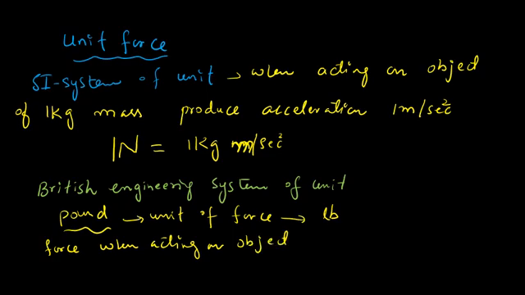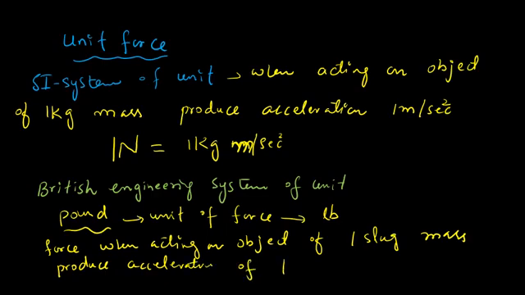of mass 1 slug. In the British engineering system, the unit of mass is the slug. When a force of 1 pound acts on an object of 1 slug mass, it will produce an acceleration of 1 foot per second square.